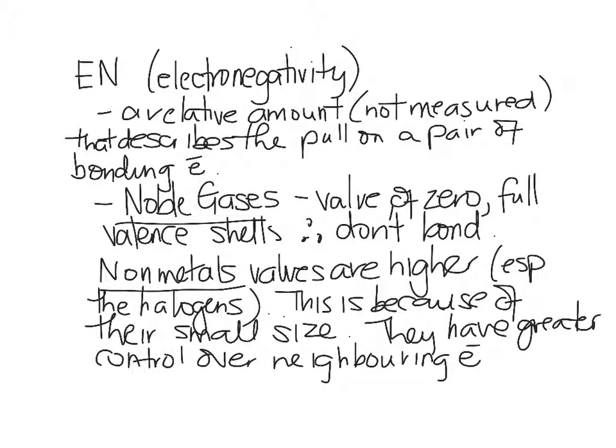Okay, so that's really all we need to know right now for electronegativity, yeah? When you say the small one, because there's less of a distance between their nucleus and the other. Yeah, yeah. The smaller you are, the closer the neighboring atom can come into your nucleus. All right.